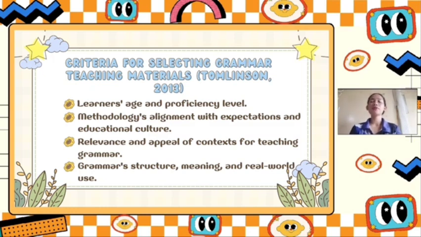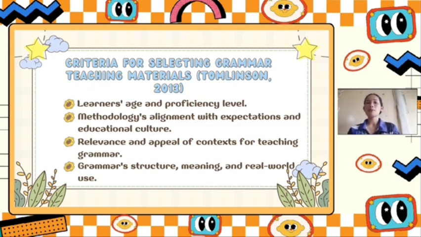Okay, so first is we have to consider the learner's age and proficiency level. So when selecting grammar teaching materials, it is significant to consider the learner's age and their level of language proficiency.